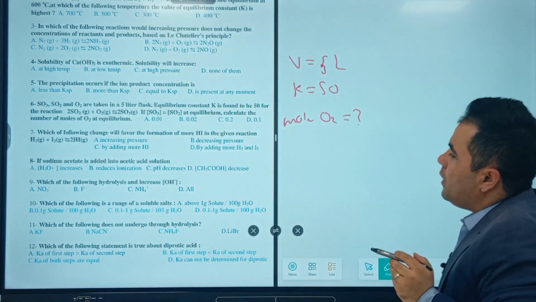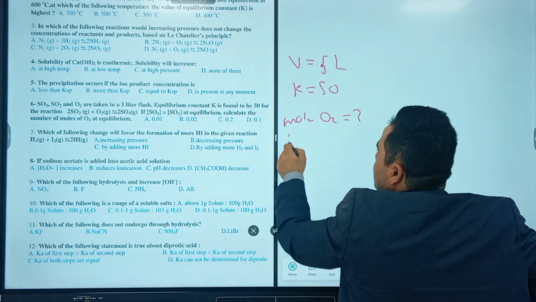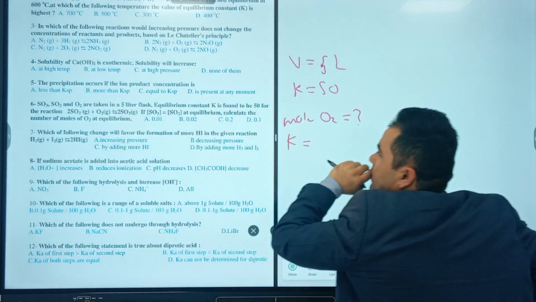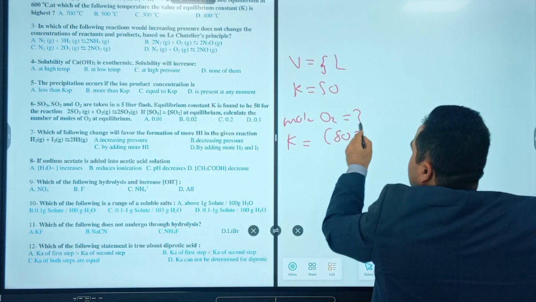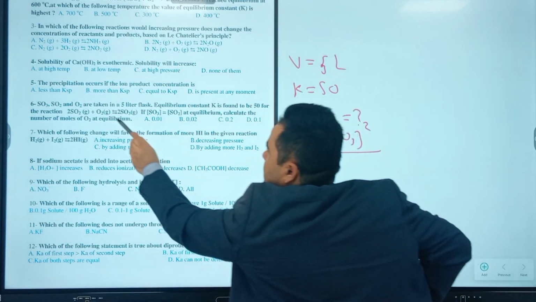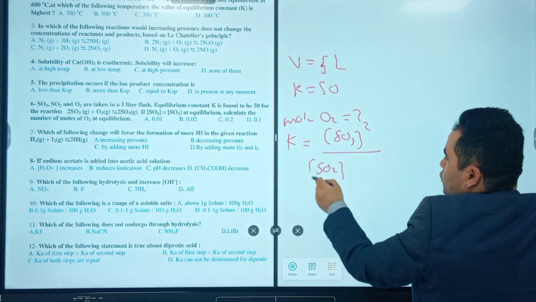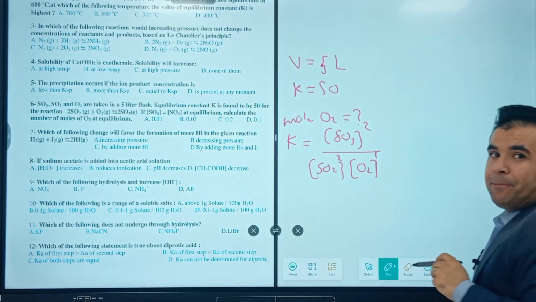Let us write the equation for the equilibrium constant. K equals products over reactants. What do we have in the product? SO3 to the power of 2, over the reactants SO2 to the power of 2 and oxygen to the power of 1.